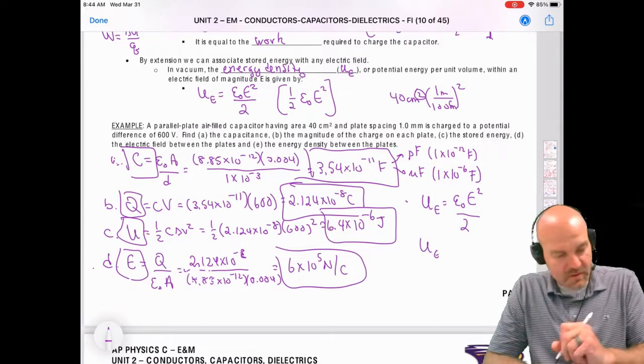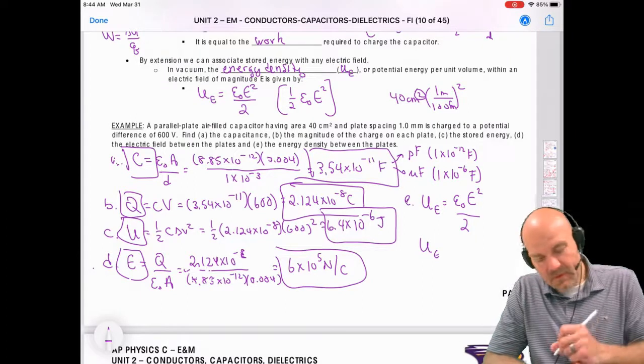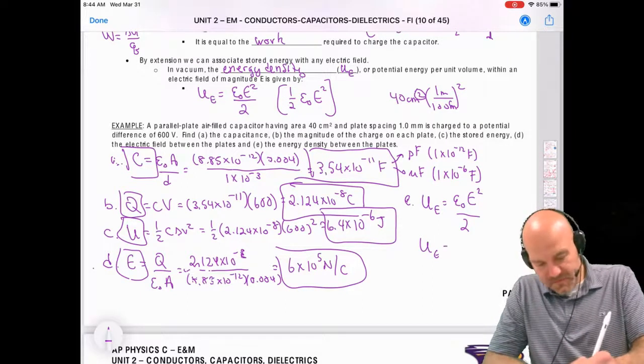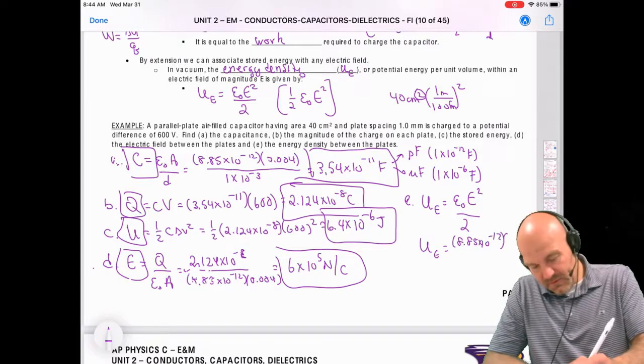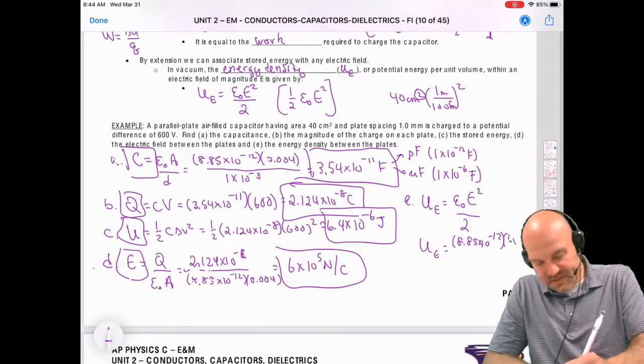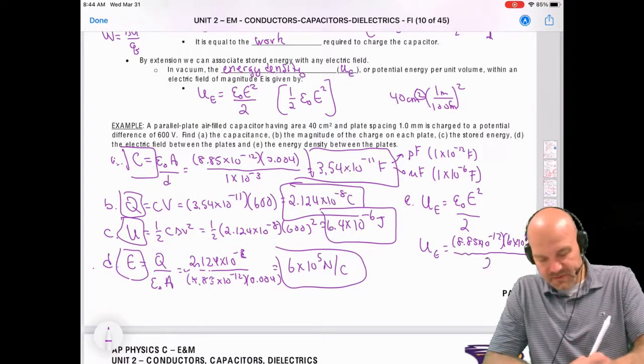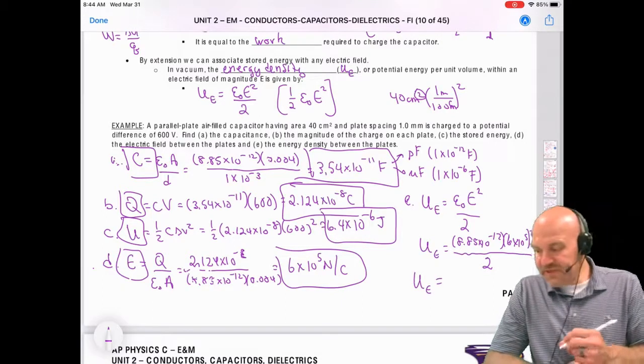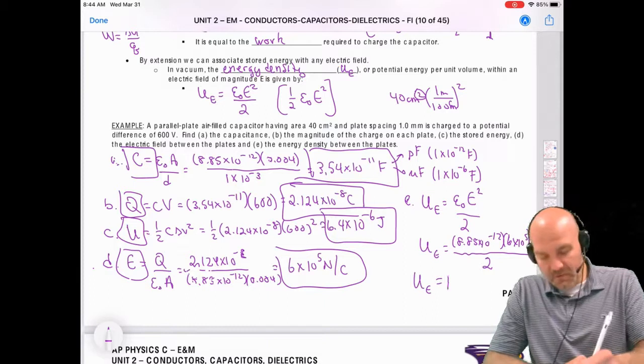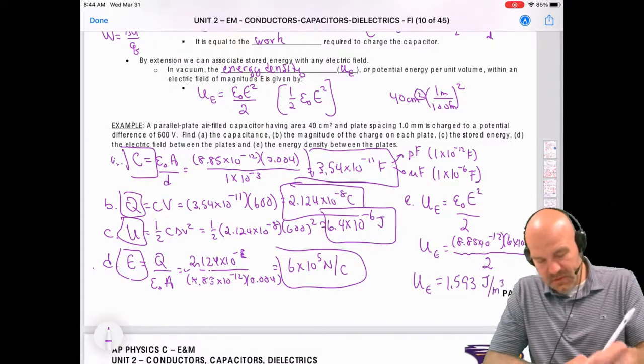This is part E. So I'm just going to do epsilon naught, 8.85 times 10 to the negative 12th, the E I found to be 6 times 10 to the fifth, and I'm going to divide that by 2. So my energy density between the plates is going to be 1.593 joules per cubic meter.